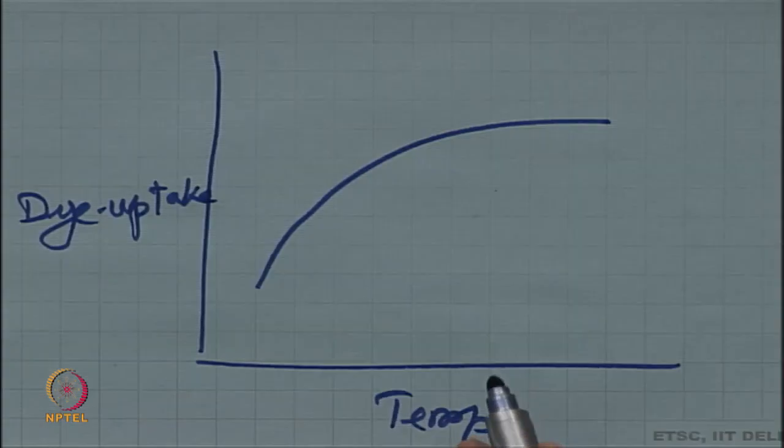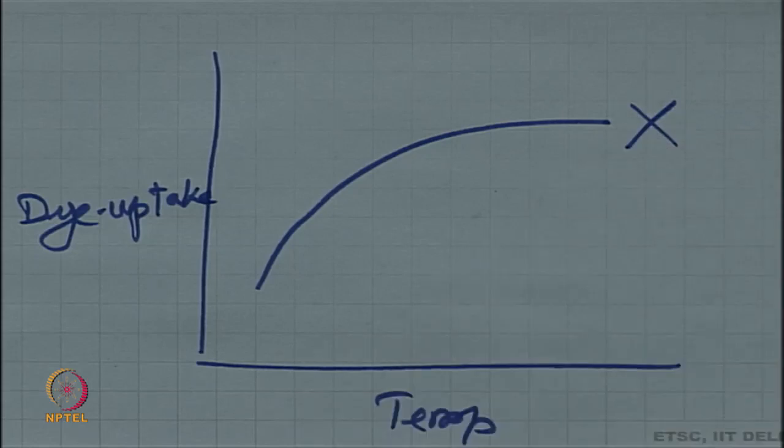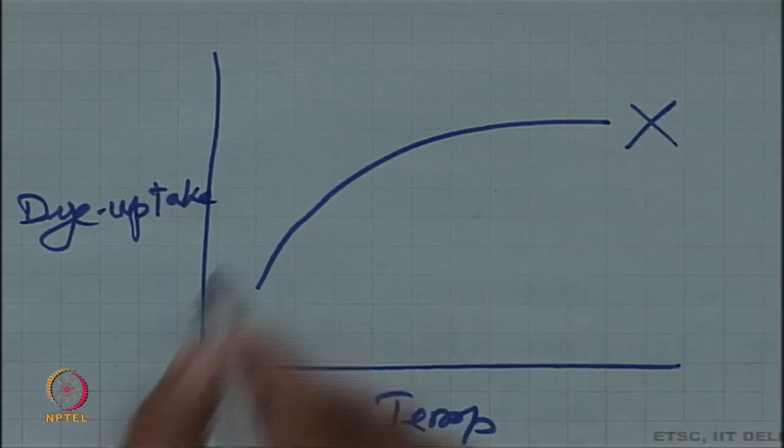And we did say that the dye will go where? In the amorphous region of the fiber. So, is this curve okay? Yes or no? No. So, which is the curve we would like to have? We would like to have this curve.